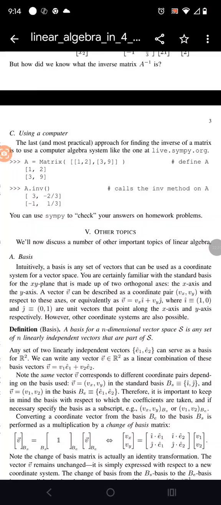However, other coordinate systems are possible. A basis for an n-dimensional vector space S is any set of n linearly independent vectors that are part of S.